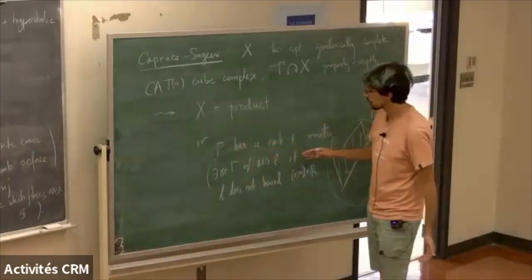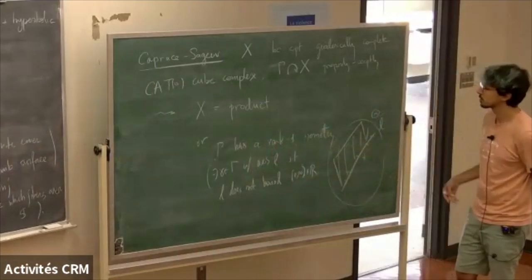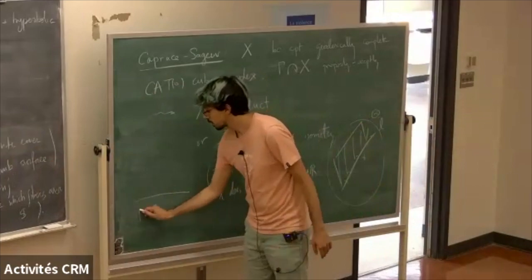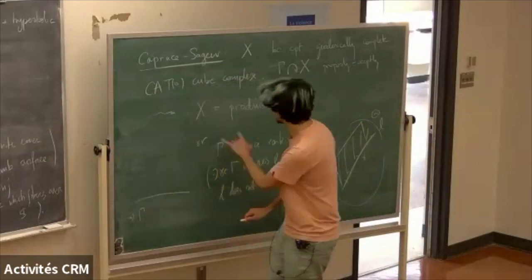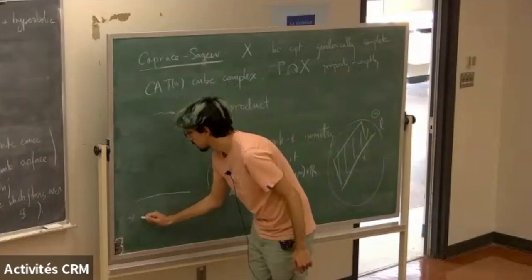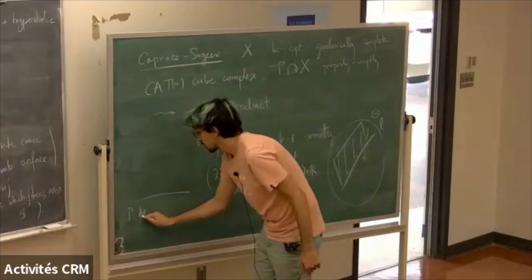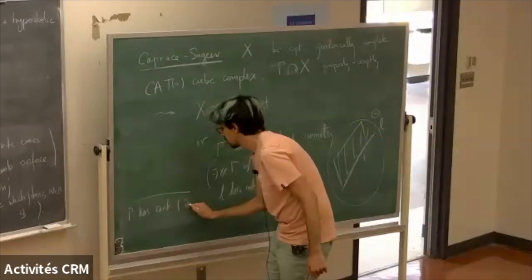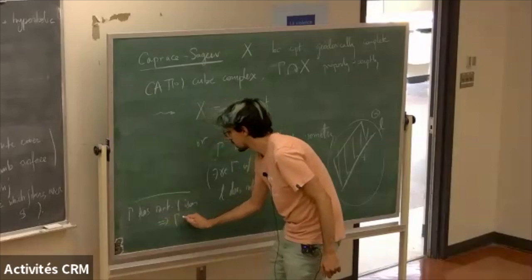And under this assumption of rank 1 isometry, one can actually show that gamma must have some quotient. So if we are not in the product case, gamma has rank 1 isometries, which implies that gamma is not simple.